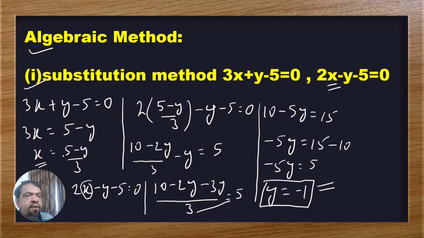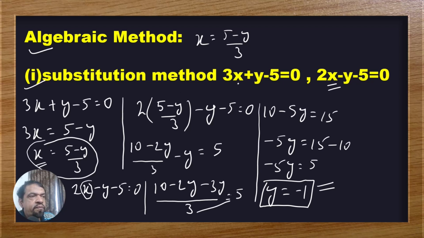Now we can take the value of x from this expression by keeping the value of y. So I am writing here x is equal to 5 minus y upon 3, or you can put minus 1 directly wherever is convenient for you. In place of y here I am keeping minus 1.